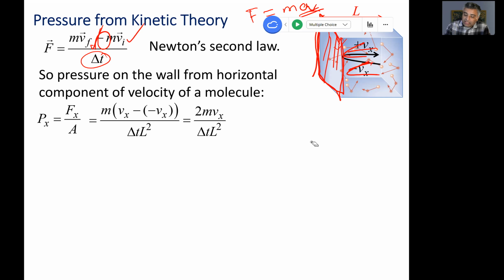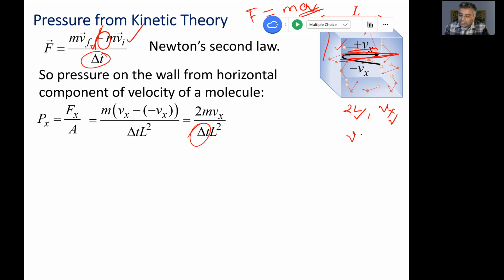So time and length are related, right? The time interval means it goes there, travels L length, and comes back. So that means it travels 2 times L length during that time interval with the speed Vx. So Vx, this distance and time, they are related.